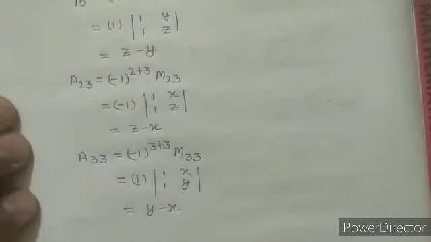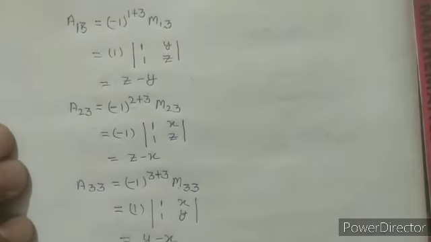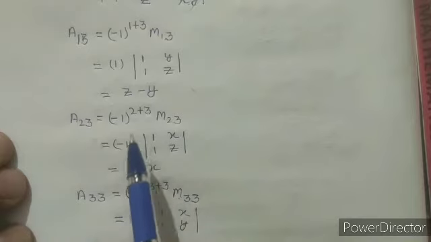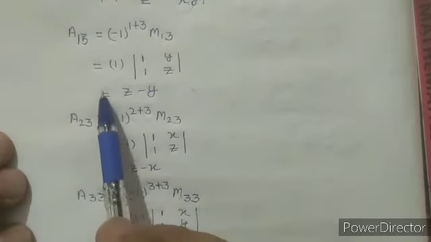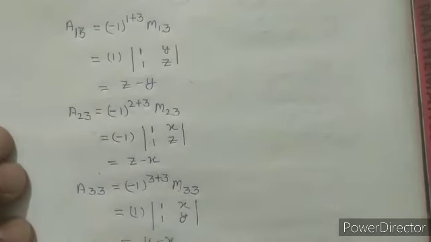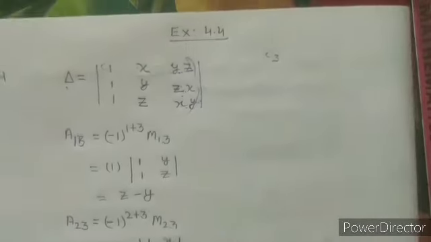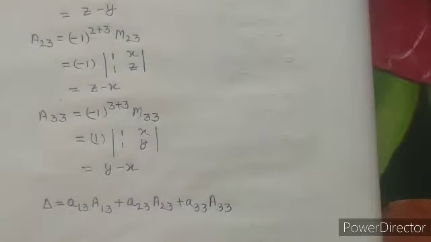Now our first step is over, that we have to find the cofactors of the third column. After finding the cofactors of the third column we have to evaluate the value of delta. Now delta will be equal to the sum of products of elements of any row or column with their corresponding cofactors.